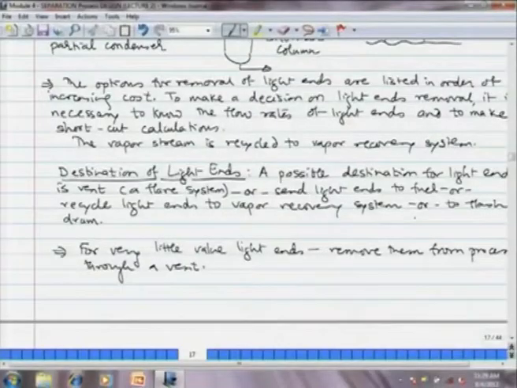So, these are recovered and these fetch good market prices. Butene is also used as a reactant, and butadiene is a monomer for butadiene rubber, styrene butadiene rubber. So, these are some of the possible destinations or uses of the light ends.